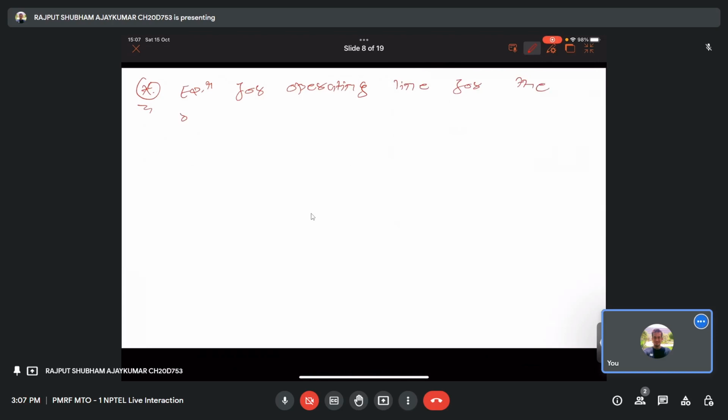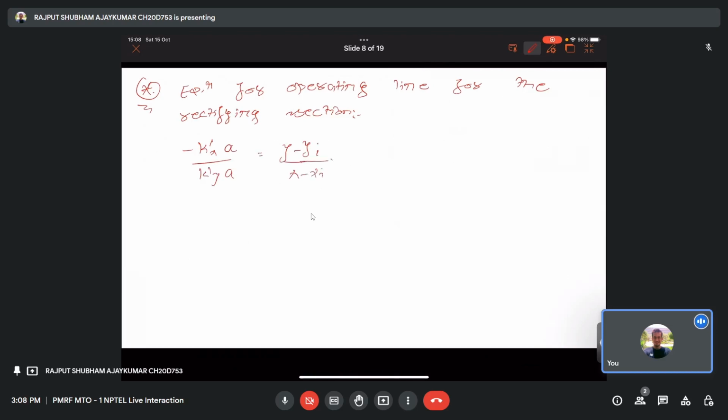So the equation for the operating line for the rectifying section can be written as minus k_x' a upon k_y' a into (y minus y_i) upon (x minus x_i).